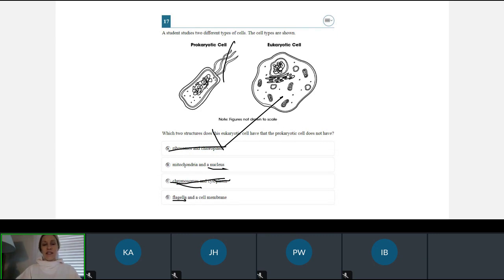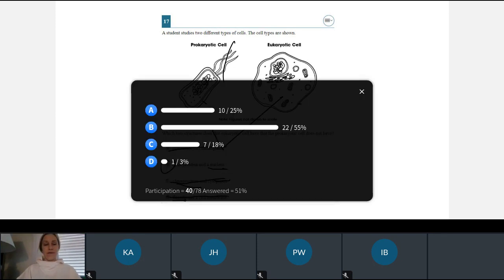And you can see the cell membranes actually here in both of these pictures, that they both have a cell membrane. So it would not be D. See how by going through and sharing what we know about cells, it's going to help us go through the process of elimination with these kind of questions.